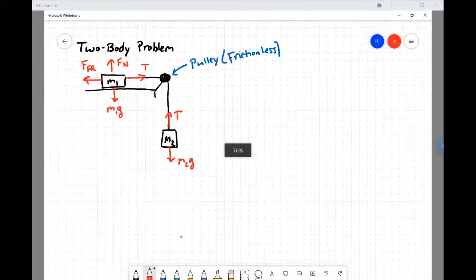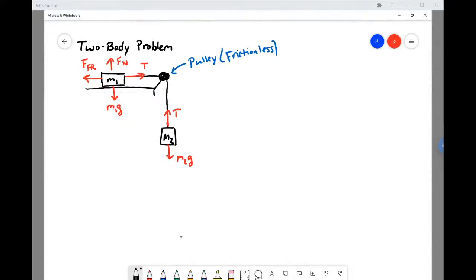So let's make this a little smaller, and I'll do a free body diagram for mass 1. Here's mass 1, and we've got the normal force, the tension force, the weight, M1 times g, and then the friction force.